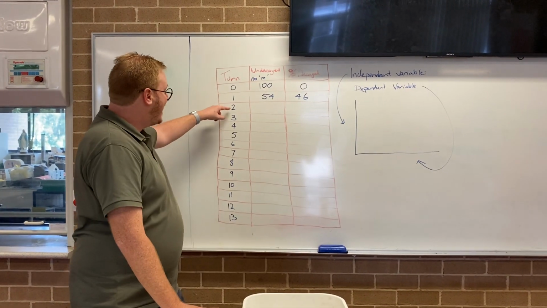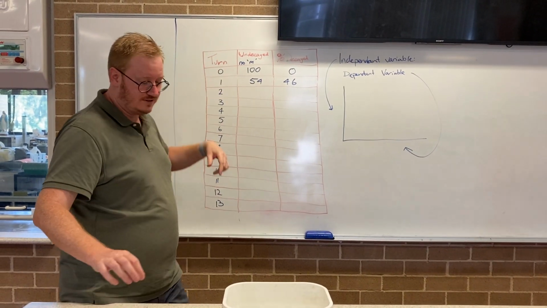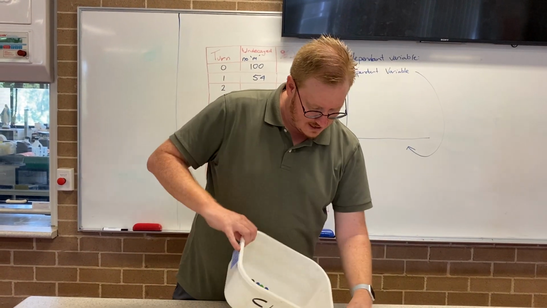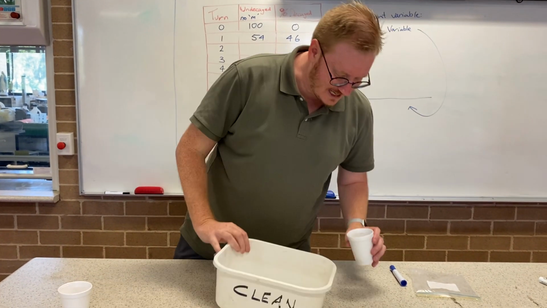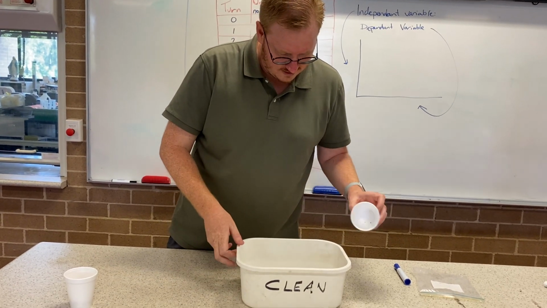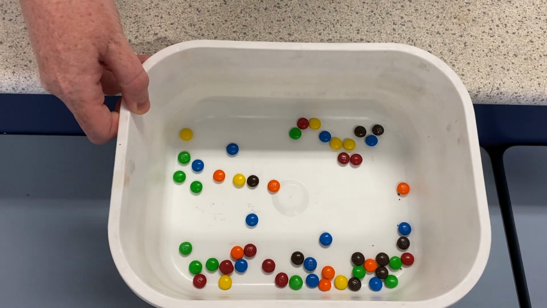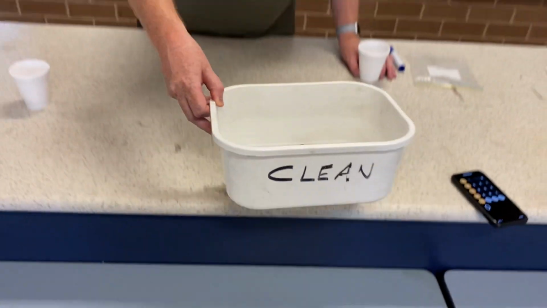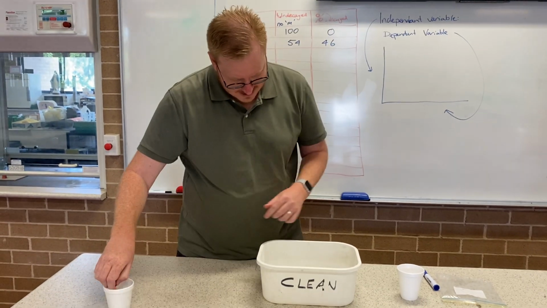So that's turn 1. Now with the ones that haven't decayed yet, I'm going to do another round. Put them back in the cup, shake them all up, and see how many decayed this time. Alright, there's my random roll. M's up, M's down. I'm going to pull out the M's up and put them in here.